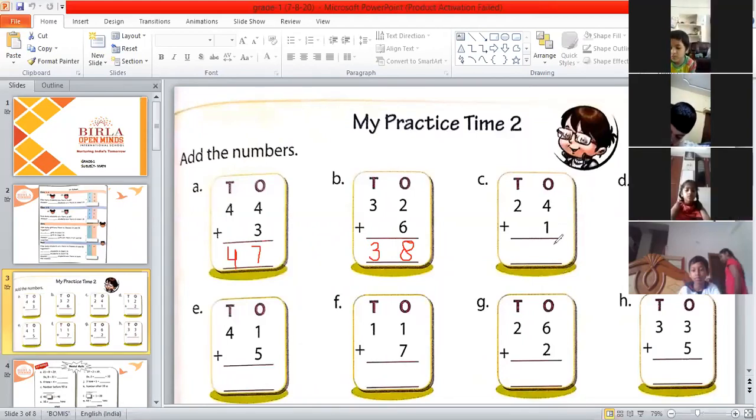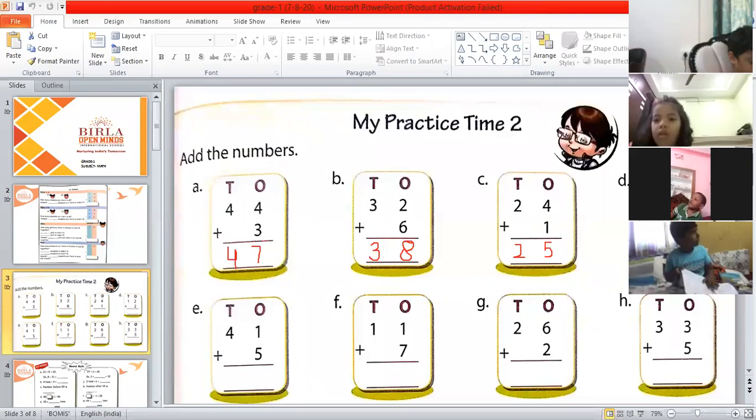Very good. So children, in ones place, we will write here 5. 4 plus 1 is 5. And what will we write in tens place? 2. Yes, this 2 will come as it is in tens place because there is no other number. So this is 25. Very good, Sai Joshit.